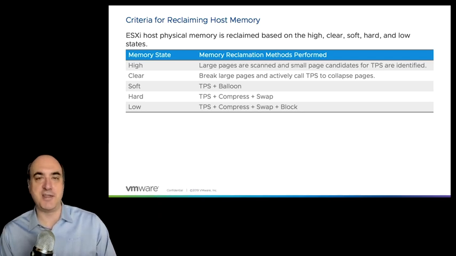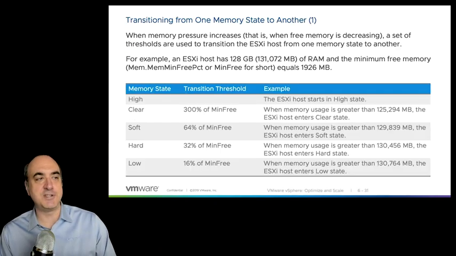So putting all this together, we've got our min-free percent value, plus we have our different stages. When do they kick in? Well, what's interesting is the different stages kick in at different points depending on whether the memory is running short or if the amount of free memory is actually being increased.